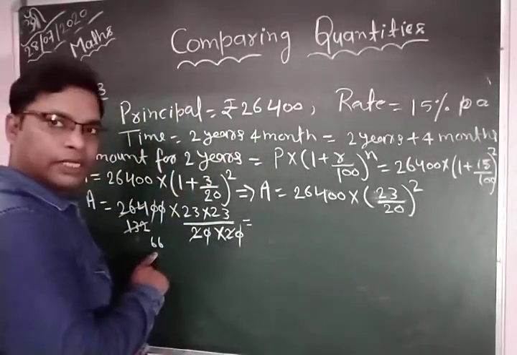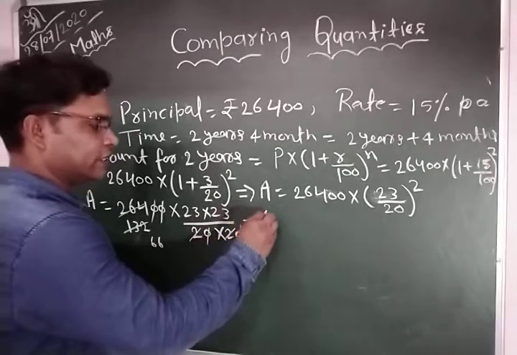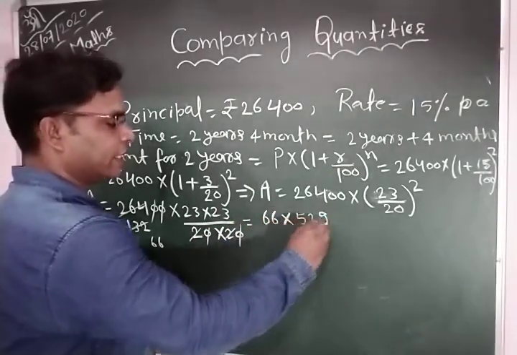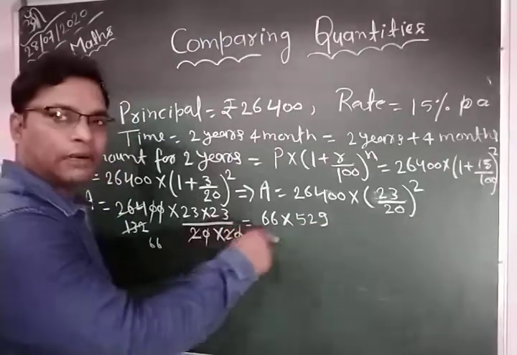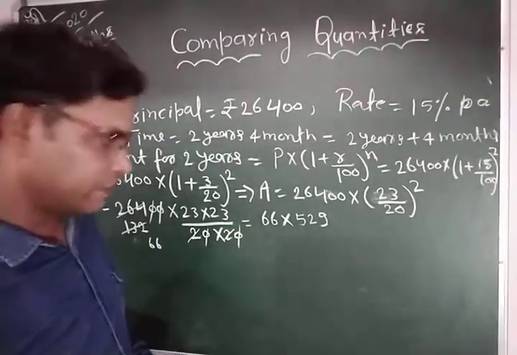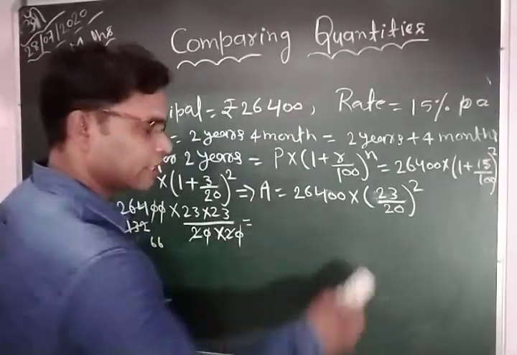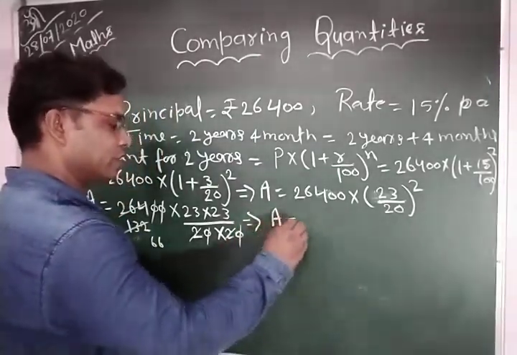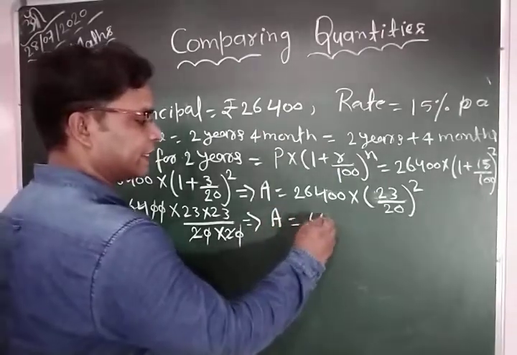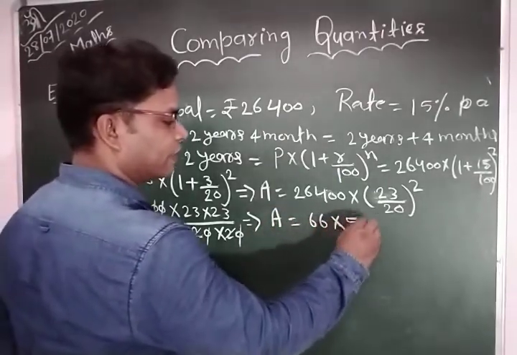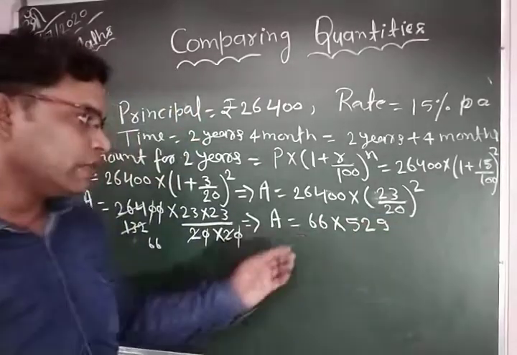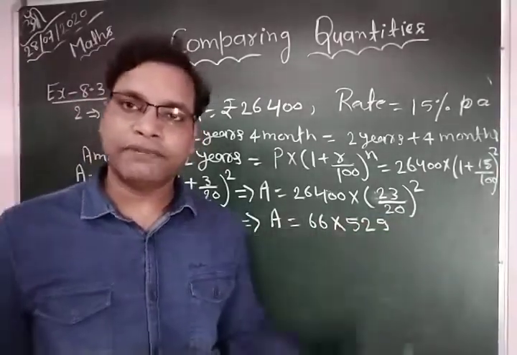And here we have 66, so 66 into 529. Okay, this is our amount. This implies that A is equal to 66 into 529. Clear?